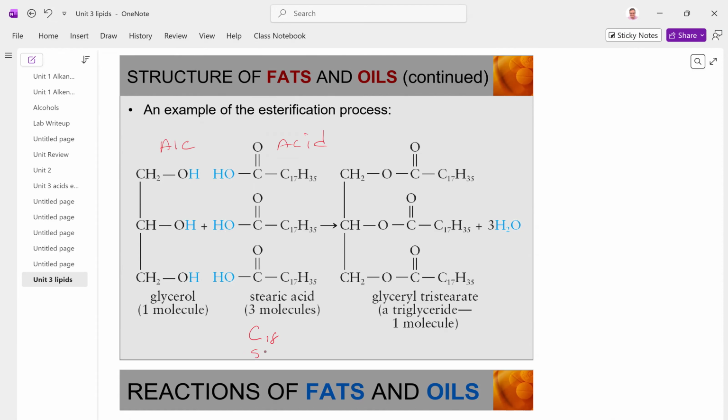It doesn't have to be saturated as long as it's an acid, but stearic acid is a C18 saturated, no double bonds.